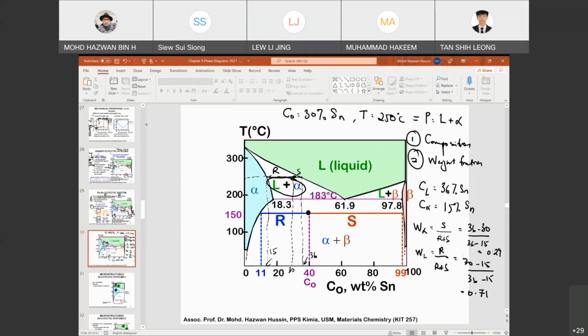So even if you got this one, if you still remember W alpha plus WL, if you sum it together, you get 1. If you get one of it, you can still do 1 minus 0.29, you get 0.71. Okay, all right. So I guess it's quite clear enough for everyone for this binary eutectic system, in terms of getting the composition and also weight fractions.